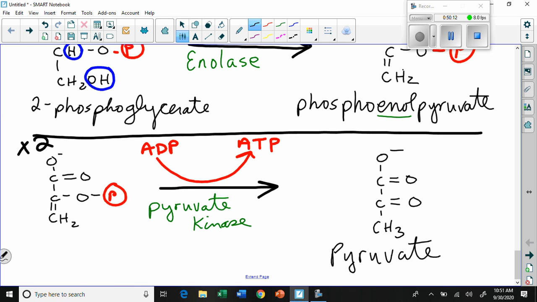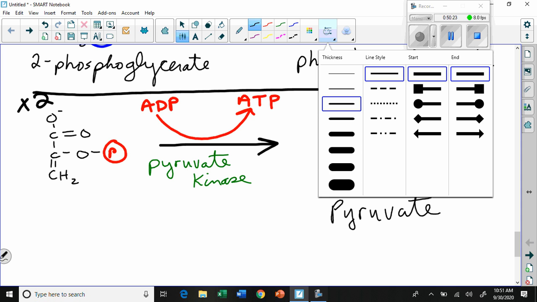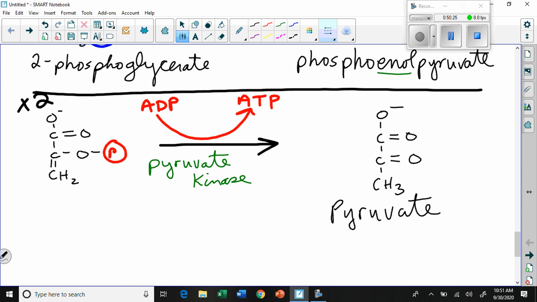Okay, so what we should now quickly do is a very fast summary to wrap it up. So the very fast summary is going to be in words. And before we do the summary, I noticed too, we didn't write the name here, so we should write this in, phosphoenolpyruvate again.